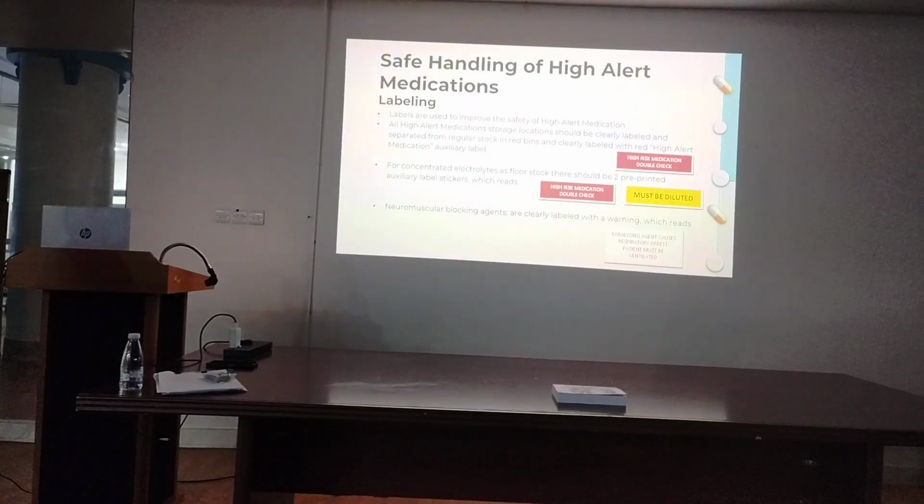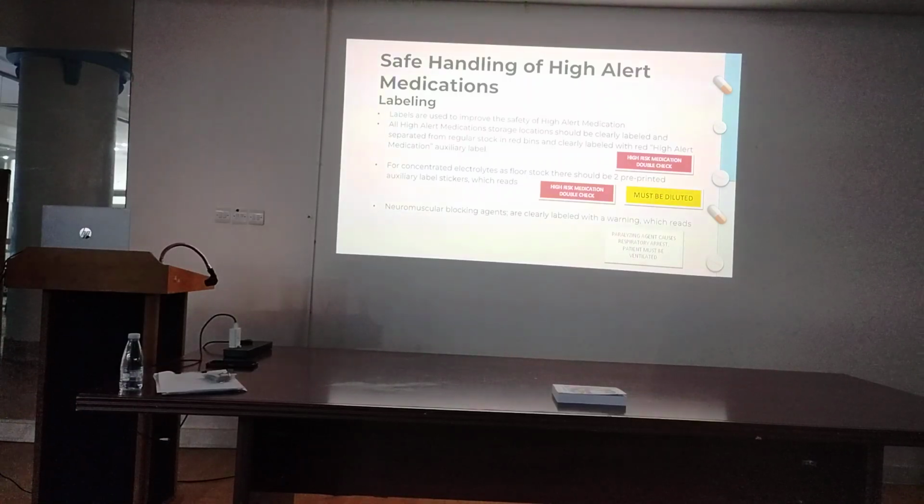Again, when it comes to labels, we know that the high alert medication has the usual red label. The usual red label says what? High alert medication, double check. Where is the label attached? On every ampule, individually. And if it's a Clexane injection or an injection, it's there on the injection.